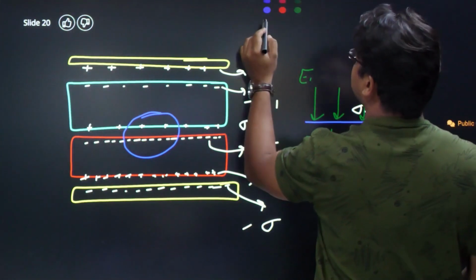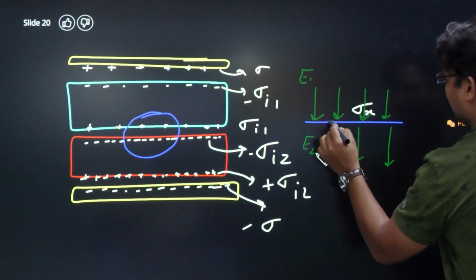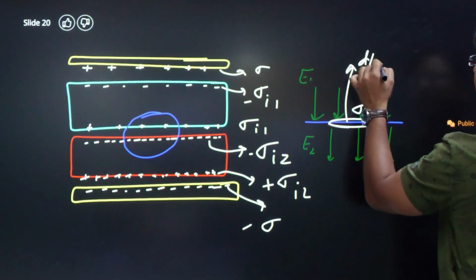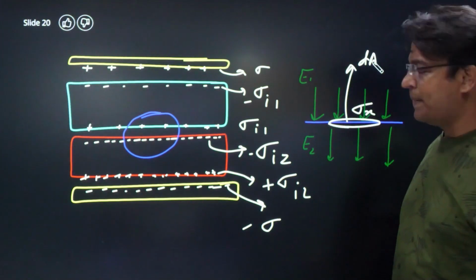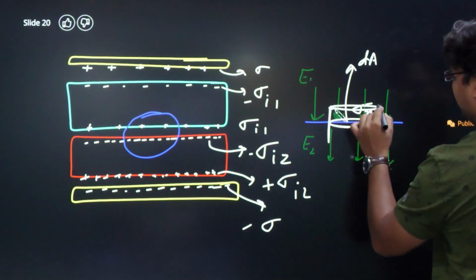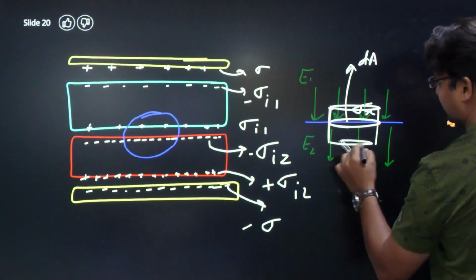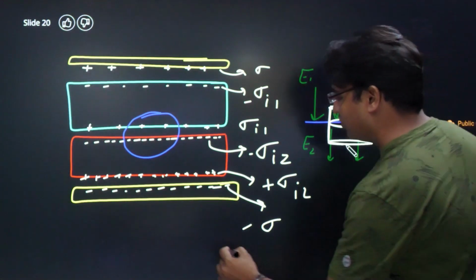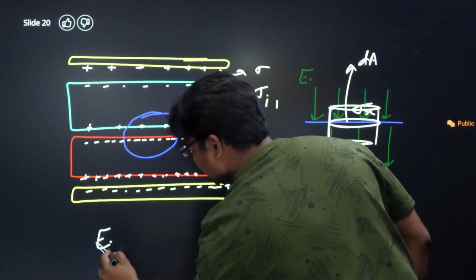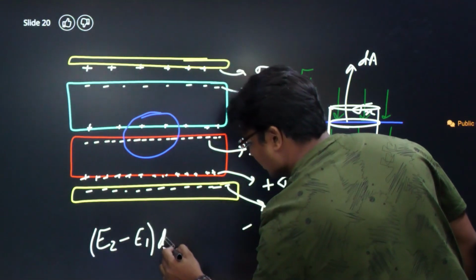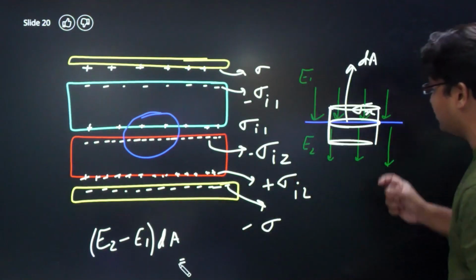Now if I consider a cylinder here with a cross-sectional area of dA, the net flux coming out of it will be given by E2 minus E1 into dA, and this will be equal to the net charge in the cylinder.